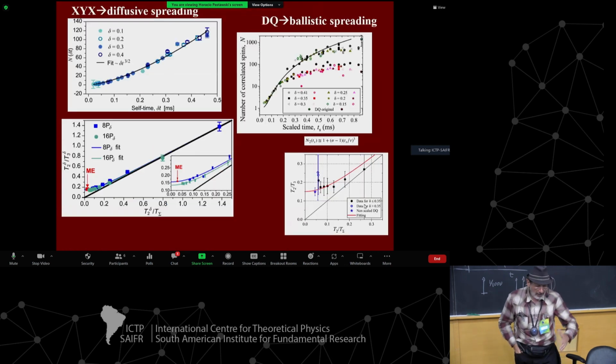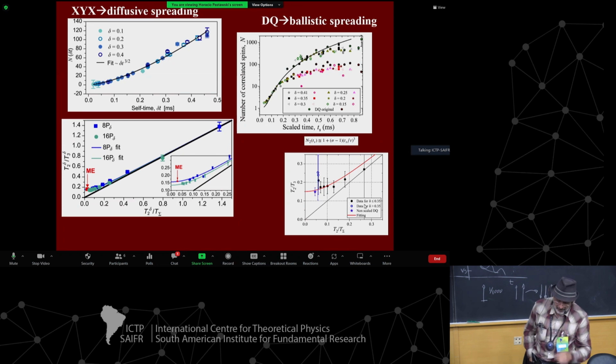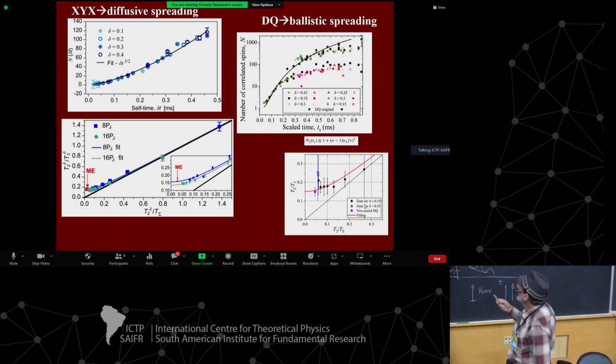And again, I have one more experiment. Even if we finish this here, there's still a dynamics which is only double quantum. Until now, I was having a dynamic which is essentially diffusive spreading, and this is double quantum. When it is double quantum, that corresponds to a ballistic spreading.